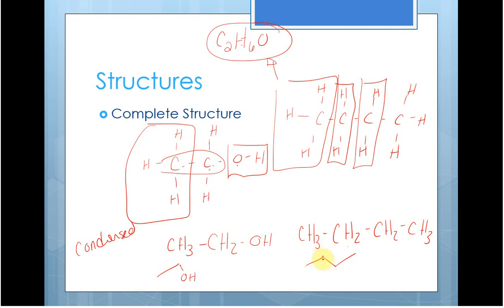This carbon right here at this apex has 2 bonds to other carbons, so it's going to have 2 hydrogens. This carbon right here, 2 bonds already, so it's going to have 2 hydrogens. And this one over here already has 1 bond, so it's going to have 3 hydrogens. So here we have the complete structure, the condensed structure, and the line-angle structure. And that's really what we're going to be dealing with in this lab.